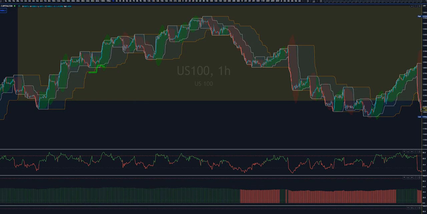Instead of trading our stop here, so it was the beginning of the trend, right? And this level is our trailing stop. Instead of doing this, we can do the following.